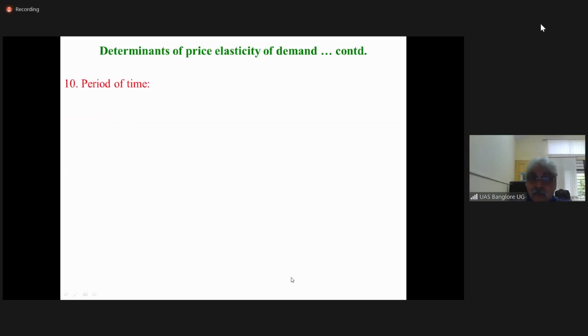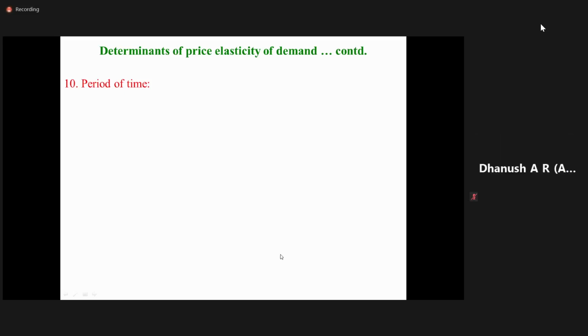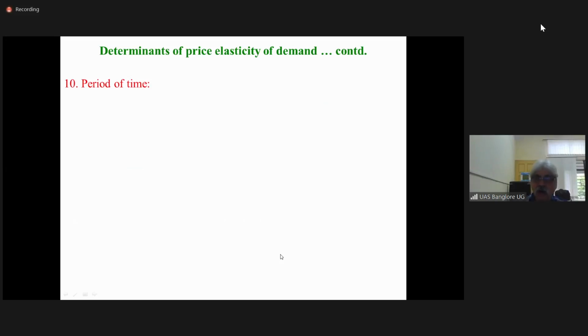Then the 10th determinant of price elasticity of demand, period of time. How much time period you have to make the decision, to make the changes. If you get a lot of time to make the changes, then demand is elastic.